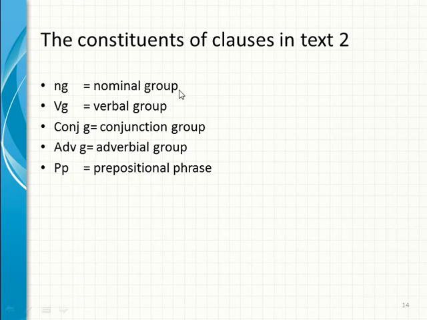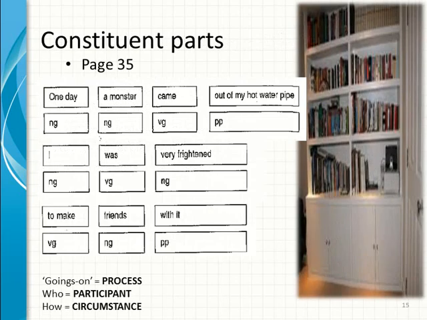In syntax class, we have also discussed how to test a constituent, how to test a group. You can go back to that discussion. Okay, this is important. This is a basic analysis. Here is an example of how to analyze the text about the monster. First, when we check every clause, we divide the clause into its constituent parts.